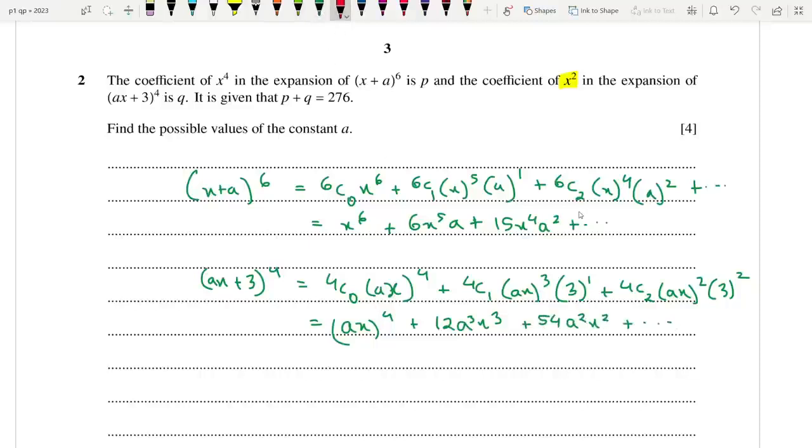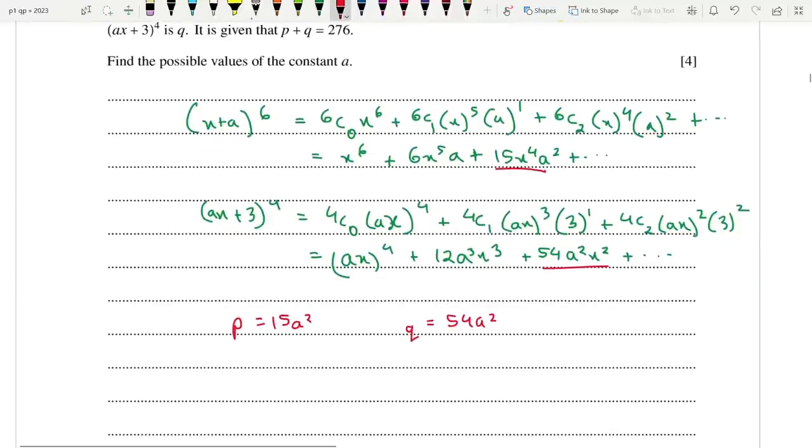So the coefficients are particularly this one and this one, x to the power 4 and x squared. So p is essentially 15a squared and q is 54a squared. So we know that p plus q is 276.